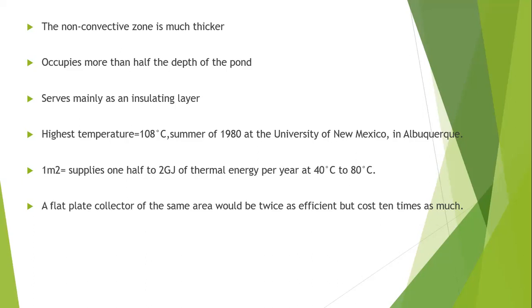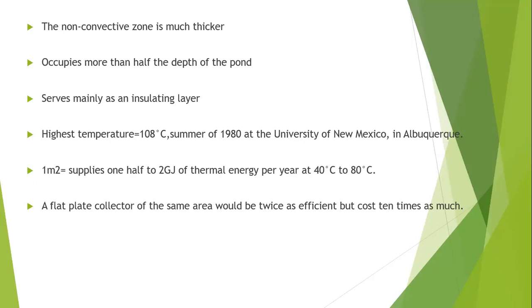This capacity for low-cost storage is one of the chief advantages of salt gradient solar ponds, because we can trap the energy during the daytime and use it at night. Irrespective of the solar radiation, we can use the heat in these solar ponds. Even during long periods of cloud cover or ice cover, the stored energy is still available whenever you want.